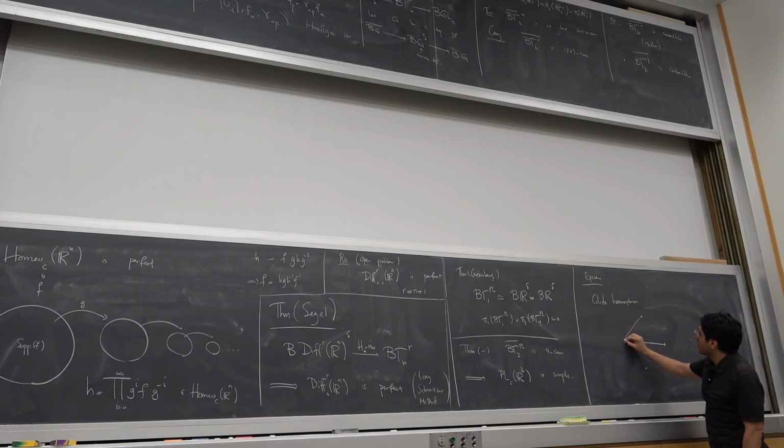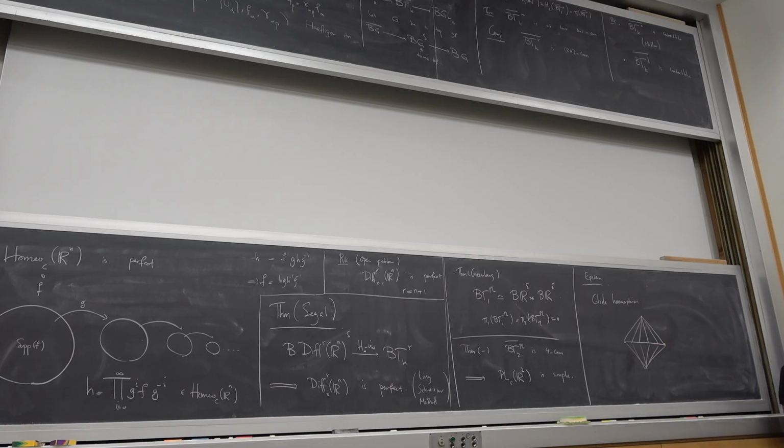This is going to give you the 2 disk. And then you just take the cone of the PL homeomorphisms at each level. And because this is in a commutator subgroup, what you get in PL of D2 is also going to be in the commutator subgroup of the disk.